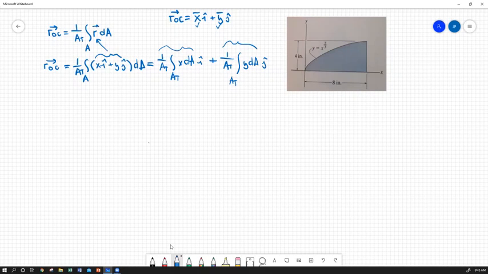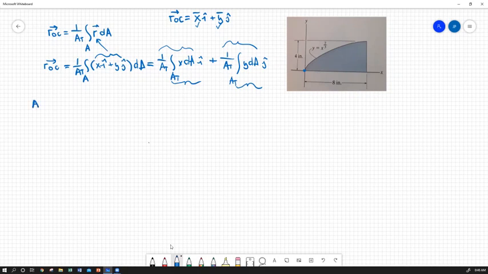So easy peasy. So now all we really have to do is figure out these integrals and maybe calculate the total area. So let's start with the total area. The shaded area is the area under the curve.